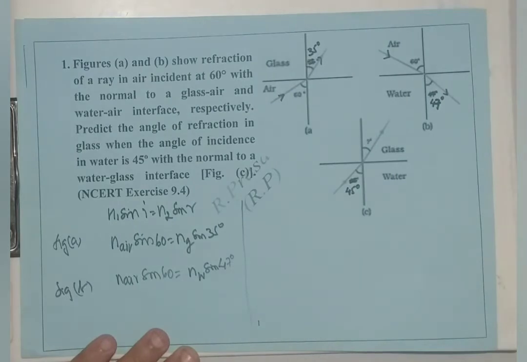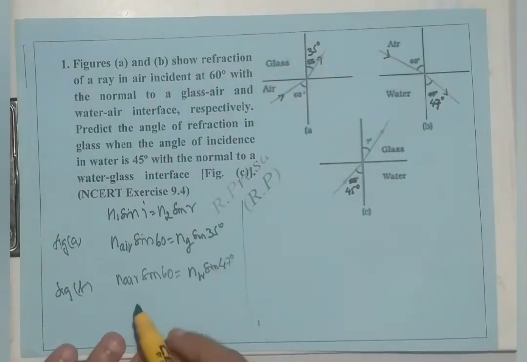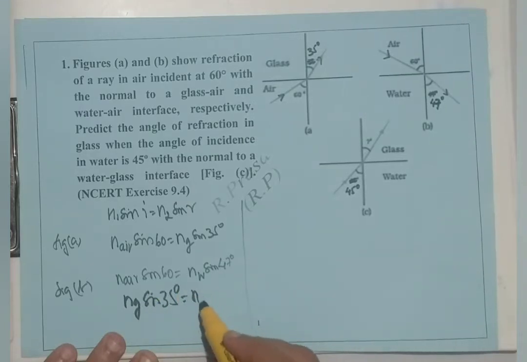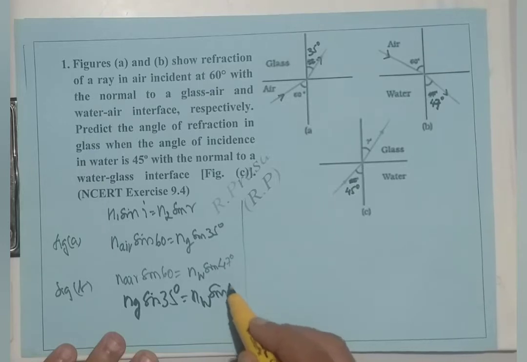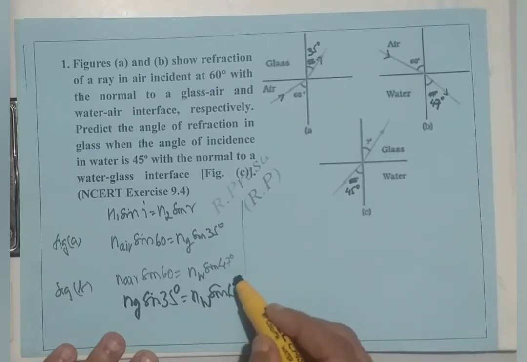Next, for figure C, from A and B we can simply write N air sin 60, N air sin 60 is there. I can simply write Ng sin 35 is equal to Nw sin 47 degrees, because left hand sides are equal, right hand sides are equal.